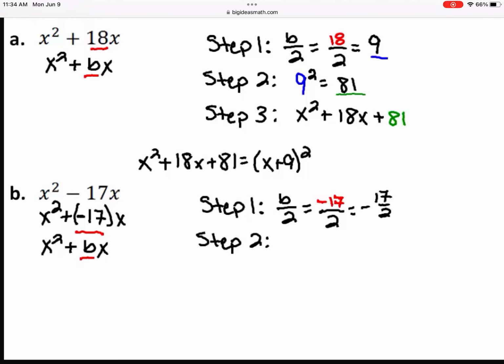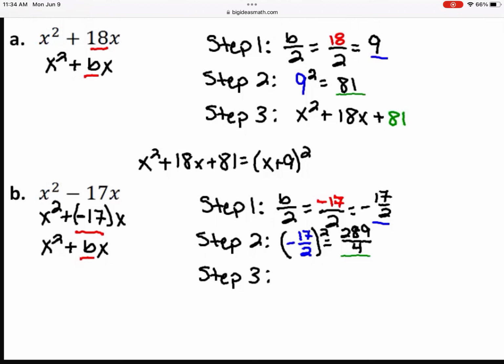Step 2. Square the result from step 1. So you have the quantity negative 17 halves squared, which equals 289 fourths. Step 3. Add the result from step 2 to x squared plus bx.